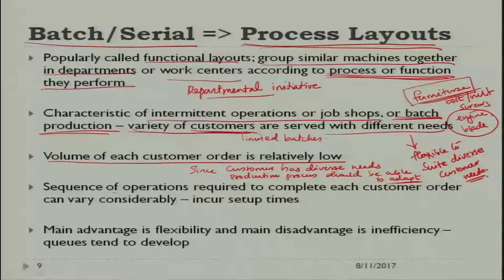The sequence of operations that are required, or the steps that you need to do to complete each customer order, can vary considerably. If somebody is building a chair like this, all wood, then you would probably require just simple joining and polishing.